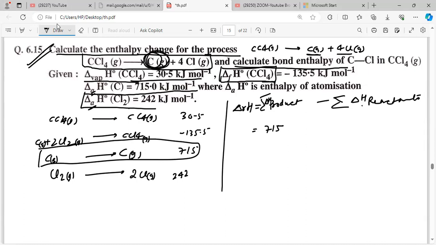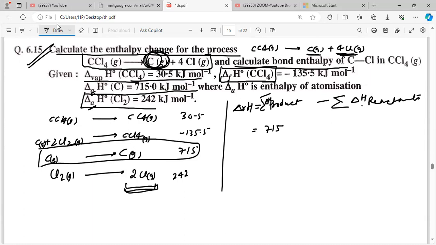Another product is 4Cl. This is the 4Cl atom, yes or no? So 4Cl is also on the product side.